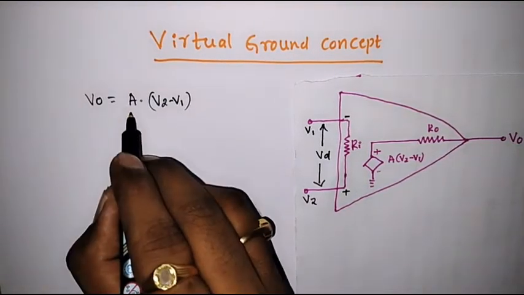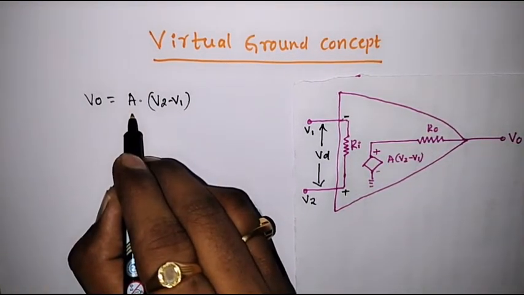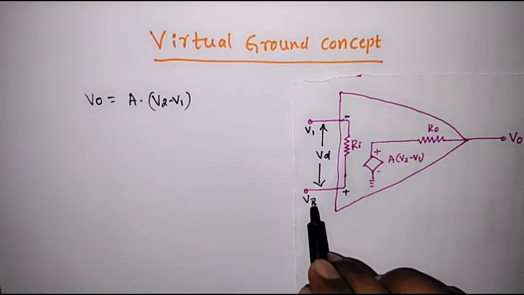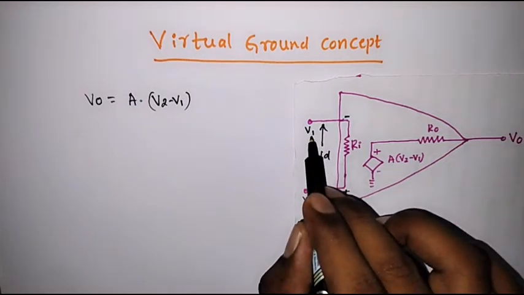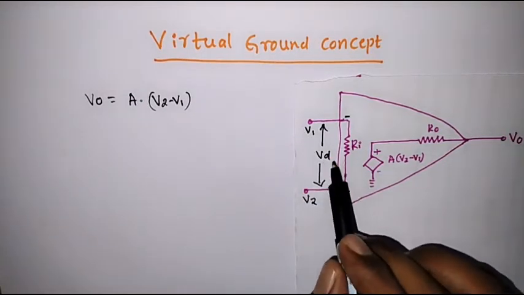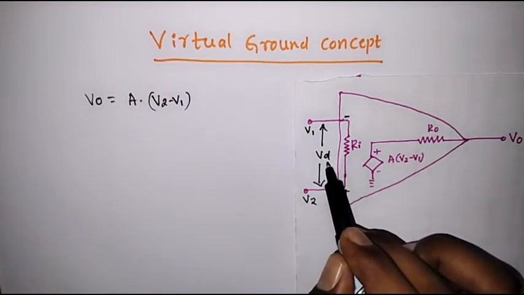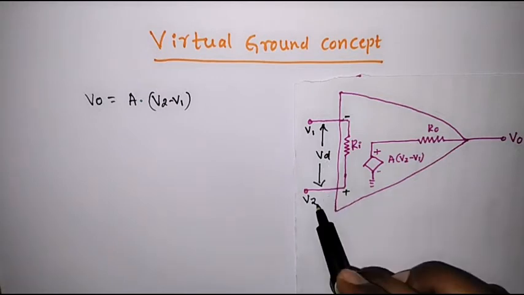As we know, A is the open loop gain of the operational amplifier, and if we consider V2 as non-inverting input and V1 as inverting input, then the difference between these two is known as difference voltage, that is Vd, where Vd is equal to V2 minus V1.